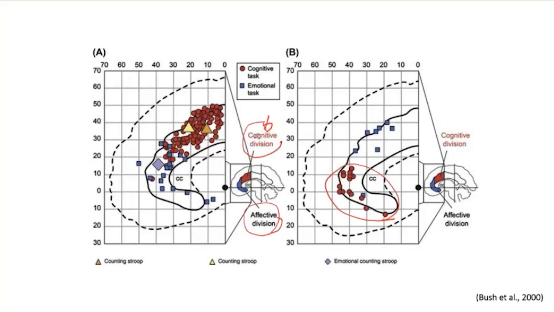So when the cognitive division is activated, the affective part is deactivated. These are just a summary of different studies that people have done, and each of these circles represents a single study. This is how most of the studies report their activation maps.